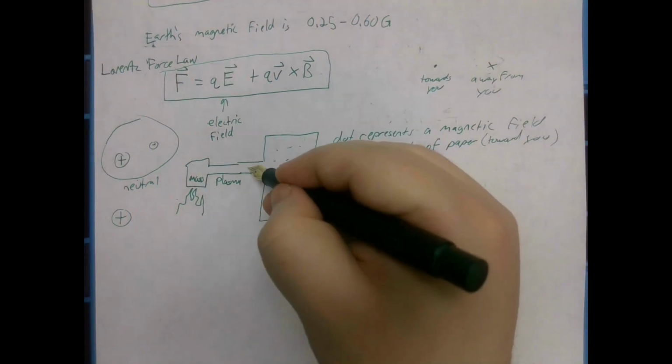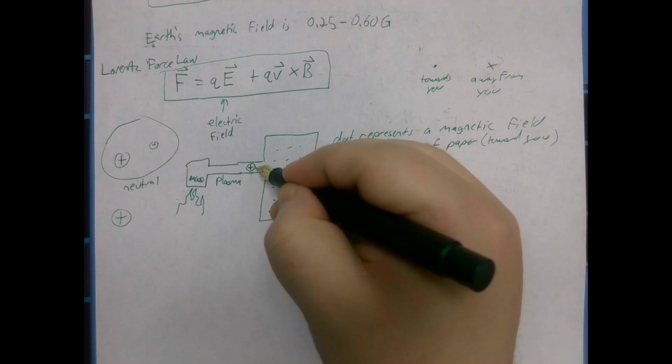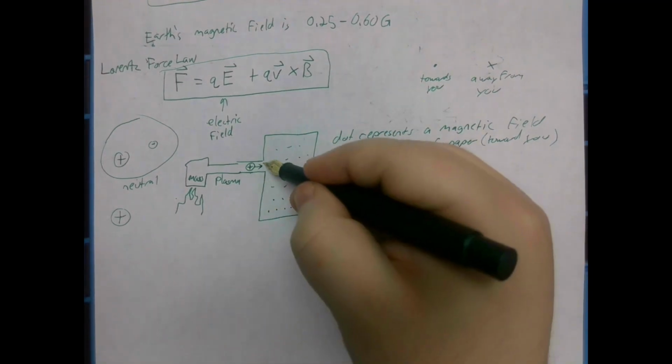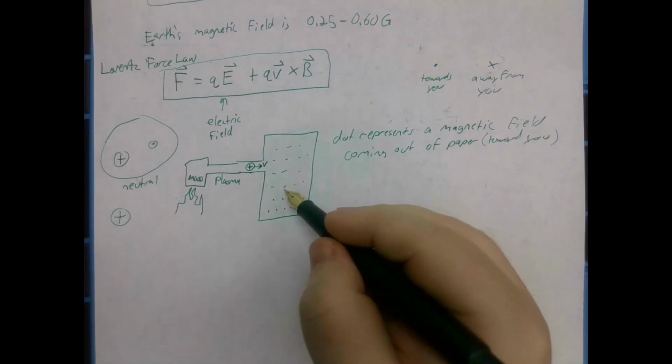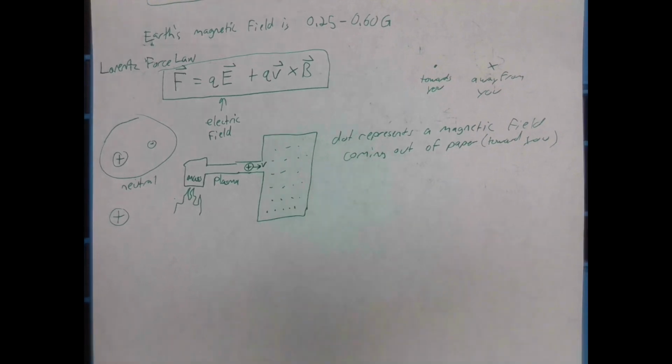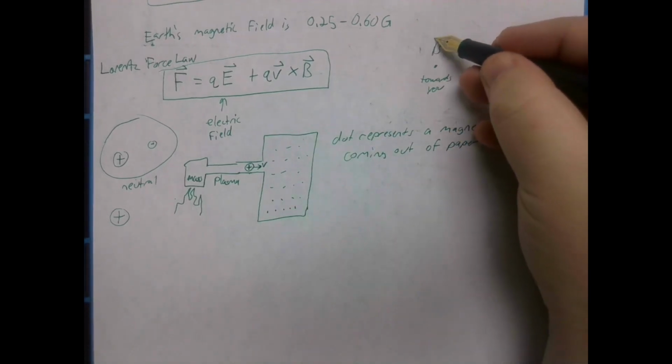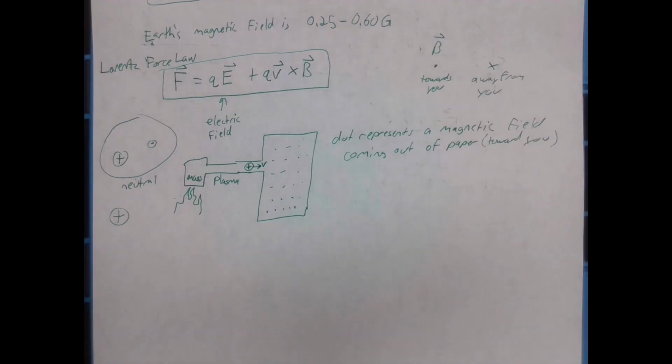So we have this charged particle moving at a velocity to the right, and the magnetic field pointing towards you. What direction would the force be in?